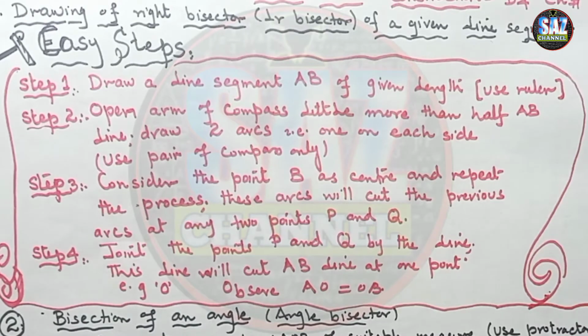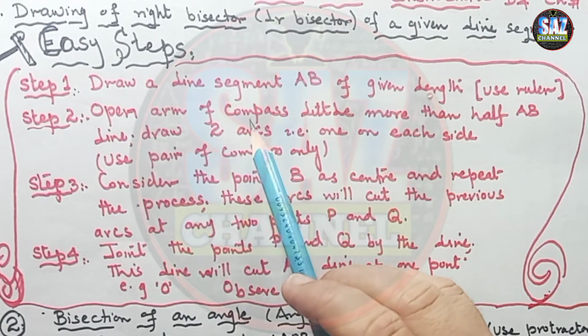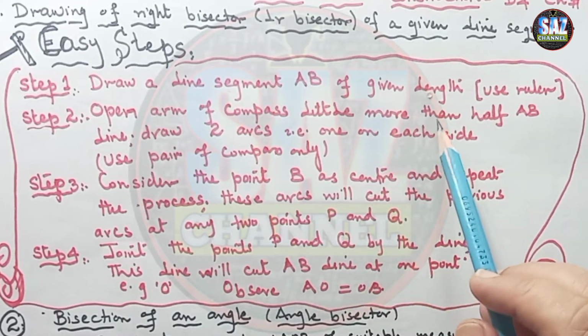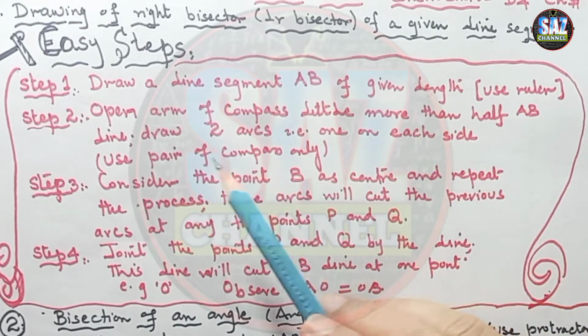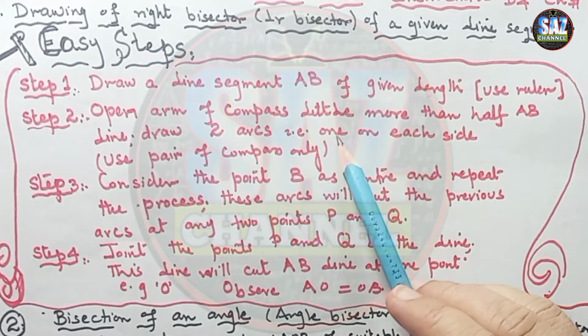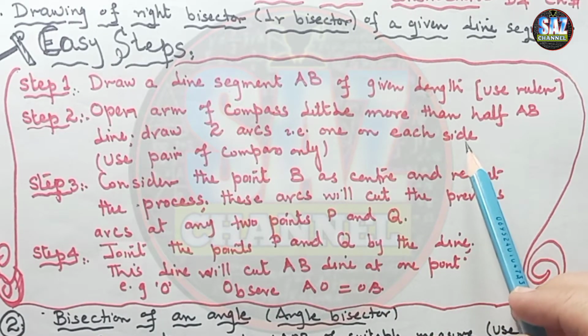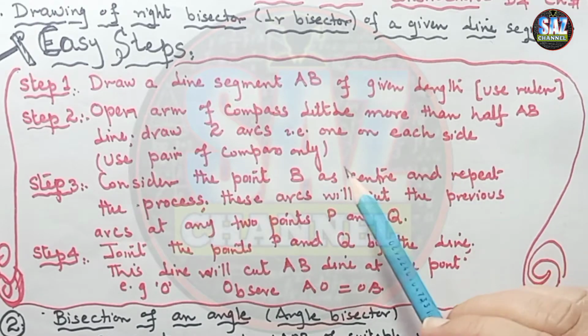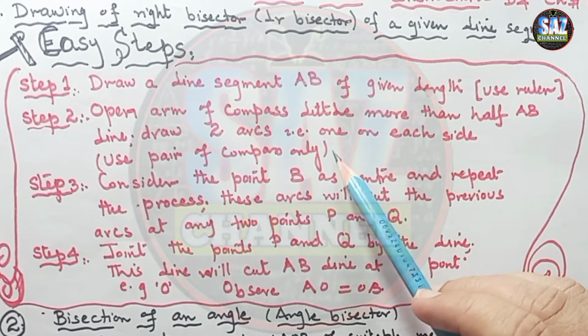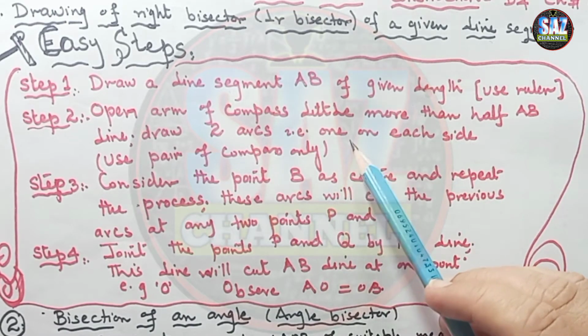And after that, step 2, open arm of compass of little more than half AB line and draw 2 arcs, that is one on each side, or one above and one below the line. And for the construction of arcs, we have to use the pair of compass only.